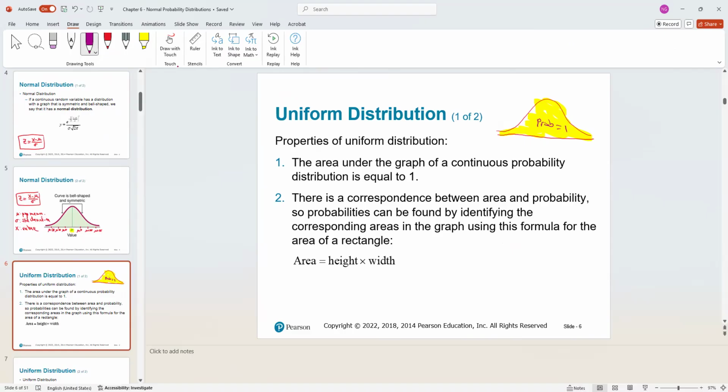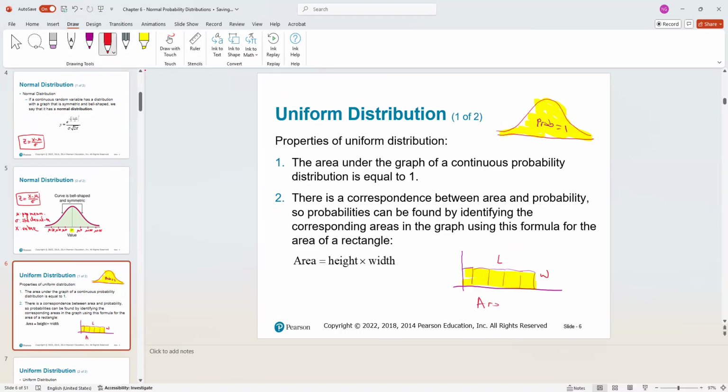Remember, if it's uniform, let me show you what uniform means. If you have a graph like this, to find the area, this one looks like a rectangle. What is the formula to find the area of a rectangle? Let's suppose we call this one length and this one width.